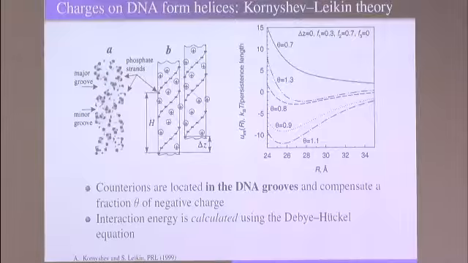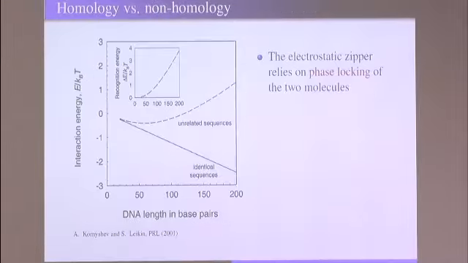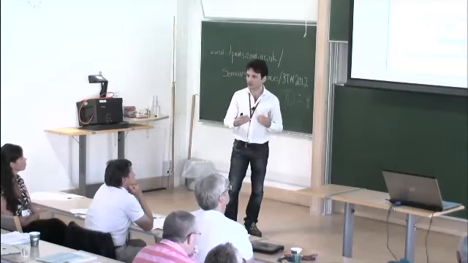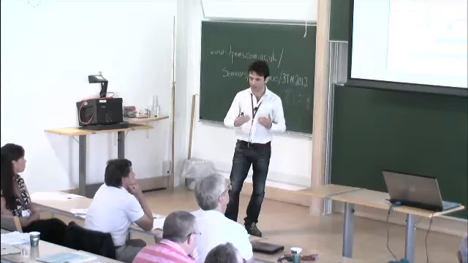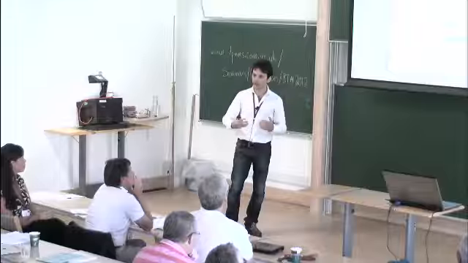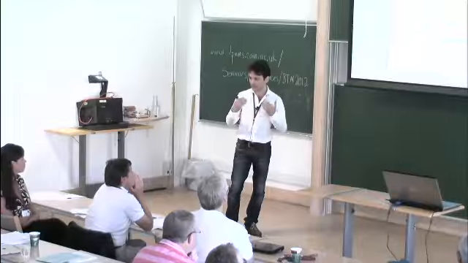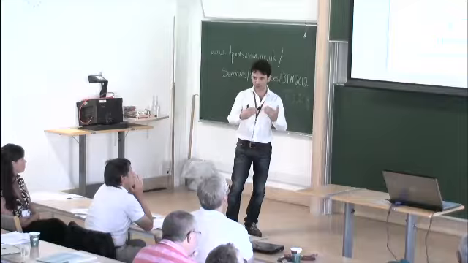So this is the first thing I wanted to tell you about. The second thing is that this mechanism of electrostatic zipper relies heavily on the fact that positive and negative charges have to be aligned and stay aligned throughout the whole length of the molecule. So any distortion from the ideal helical line in the patterns of charge also disrupts this mechanism of alignment of positive and negative charges.